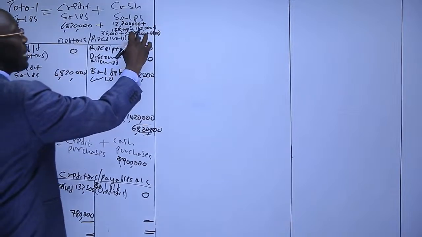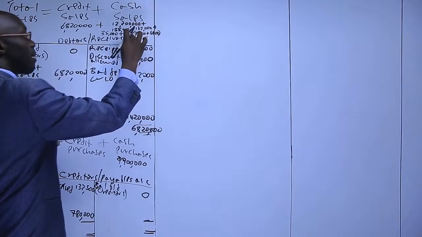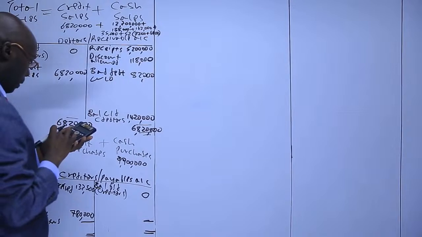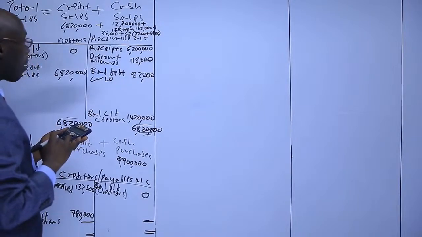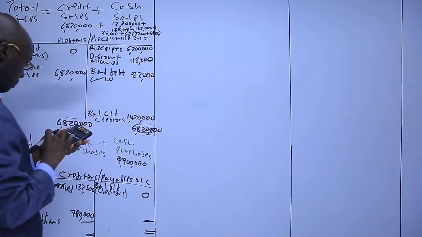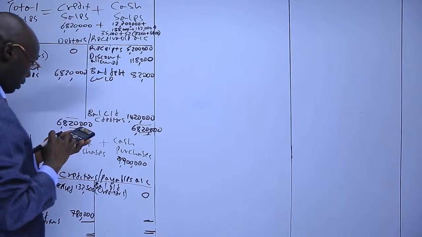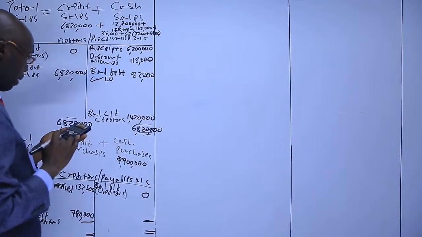So we'll start by taking 7,200 plus 6,400 times 52. So it will be 7,200 plus 6,400 times 52 weeks because that was per week.